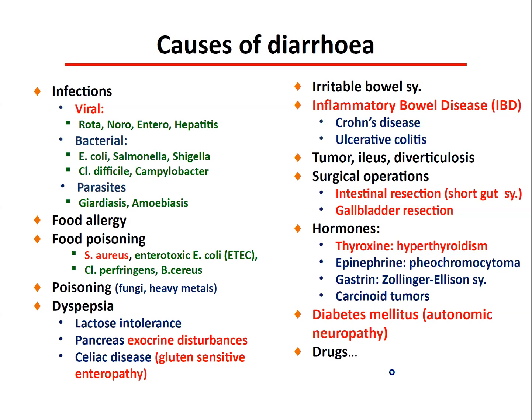Food allergy is another important one because somebody is allergic to food. Not only, let's say, the peanut, but for example, seafood and others can cause diarrhea or can cause more severe allergic symptoms as well.